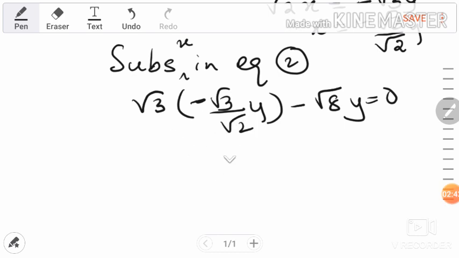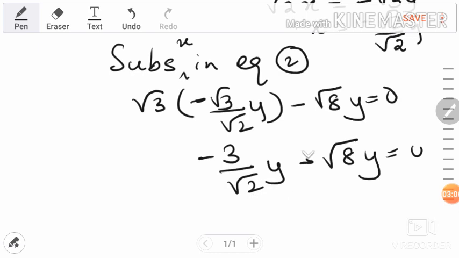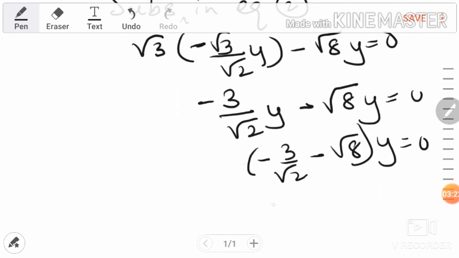Multiplying root 3 into root 3 will give us 3, so minus 3 divided by root 2 y minus root 8y equal to 0. So both are like terms, so we will add. So minus 3 upon root 2 minus root 8 in brackets y is equal to 0.